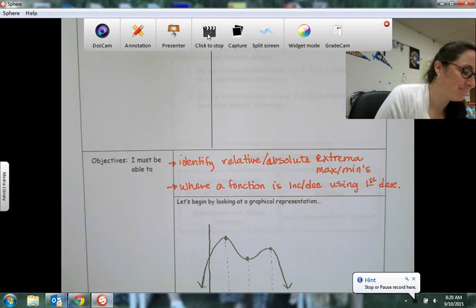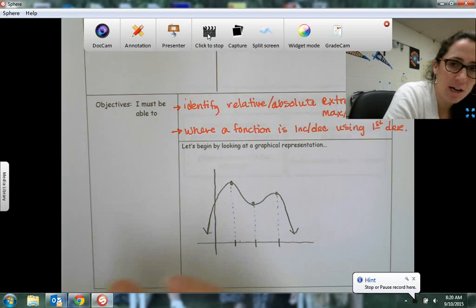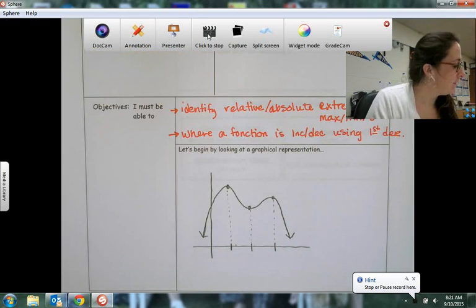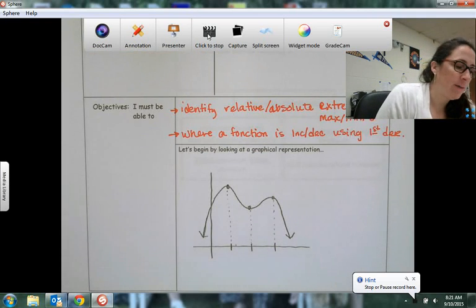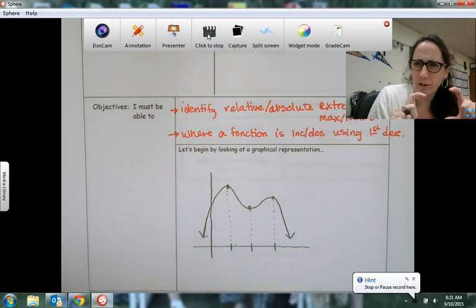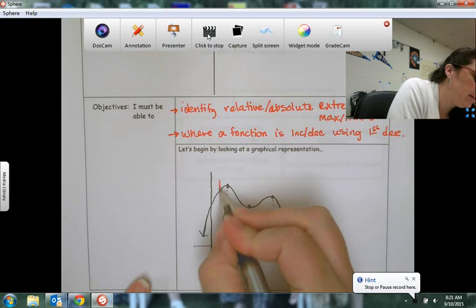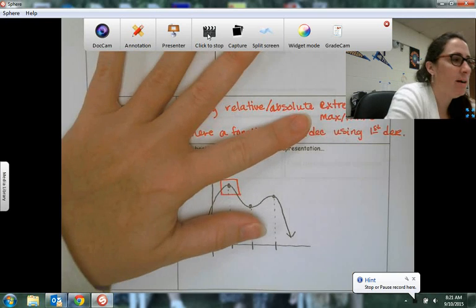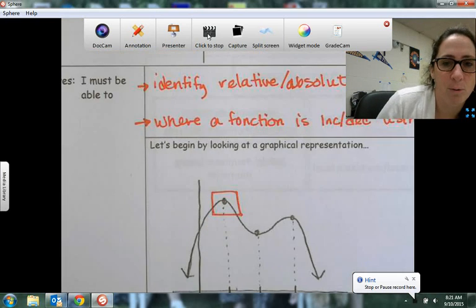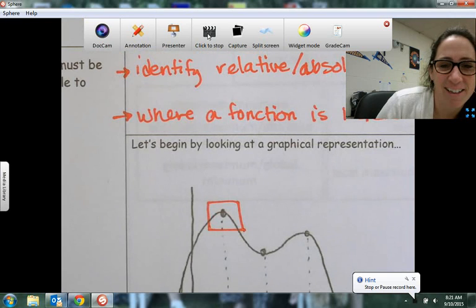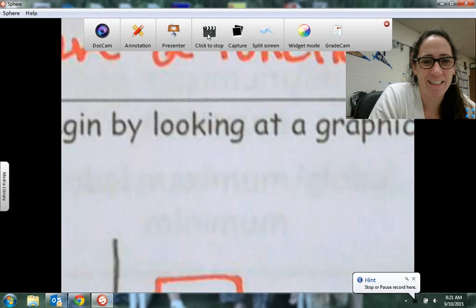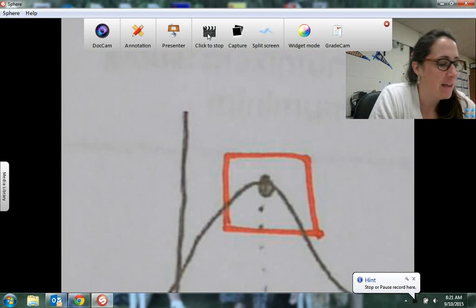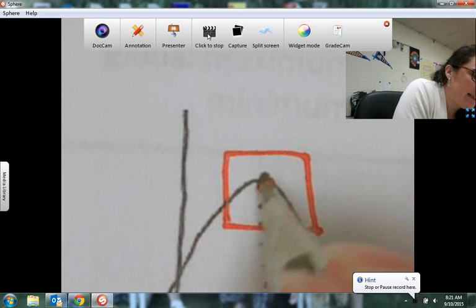Okay, well, let's first just talk a little bit about this graph. So here I can see that I have some relative max and mins going on. Relative just means in this little local area, okay? So if I look in this little local area right here, and if I was just to zoom in on that, then I can see that this point right here is the maximum in that local area.